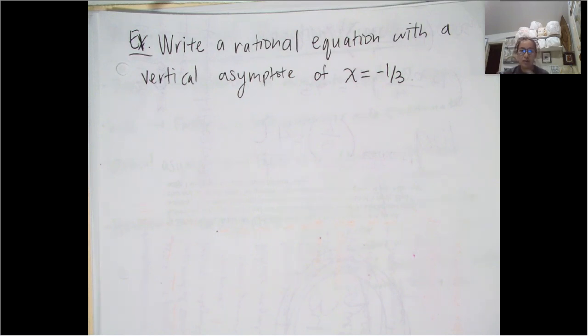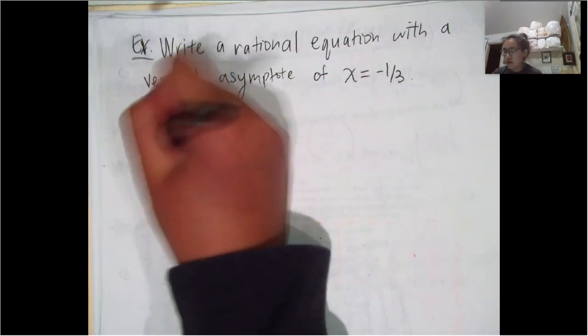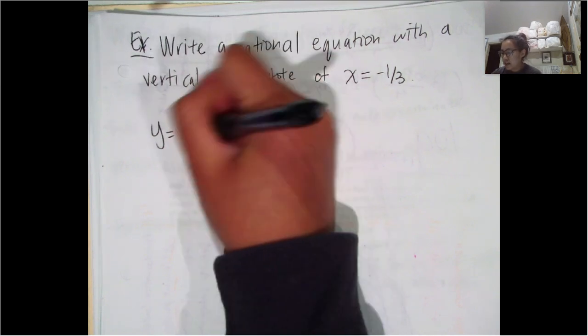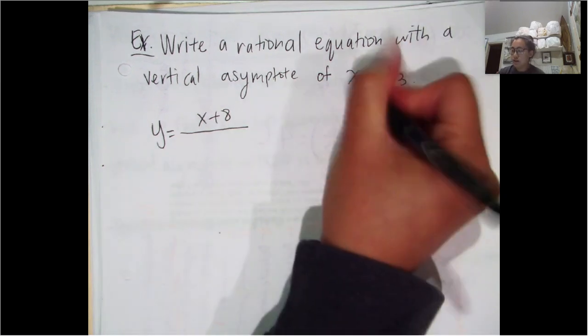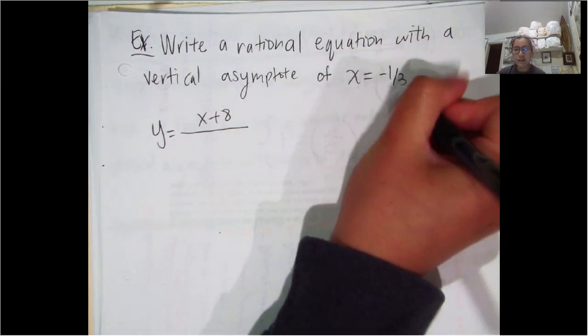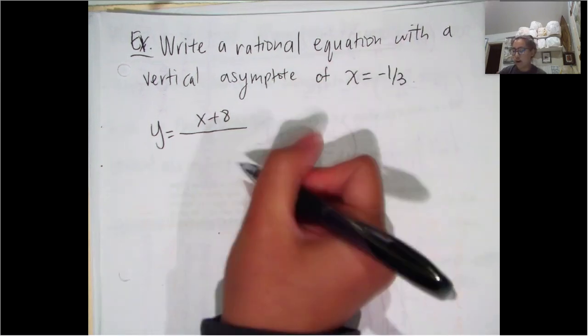And so as you know, this factor, so to speak, needs to be in the denominator. And so ultimately, since it didn't give any other information, you can have whatever you want in the numerator. You can have like y equals x plus 8 divided by, and then you need the factor for x equals negative 1/3. And so oftentimes students have difficulty with this, but ultimately you just need to solve this equation for 0 or get it to be 0, and then that'll be the factor that you get.